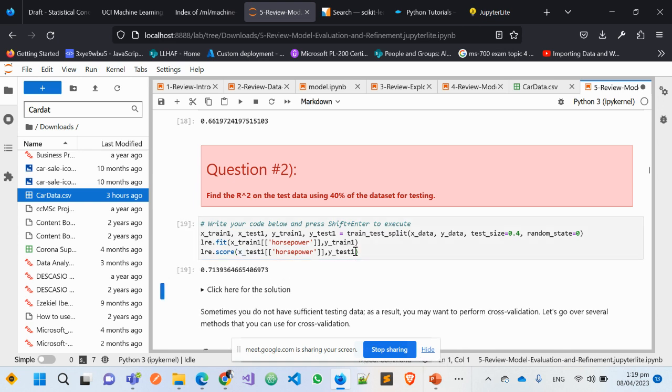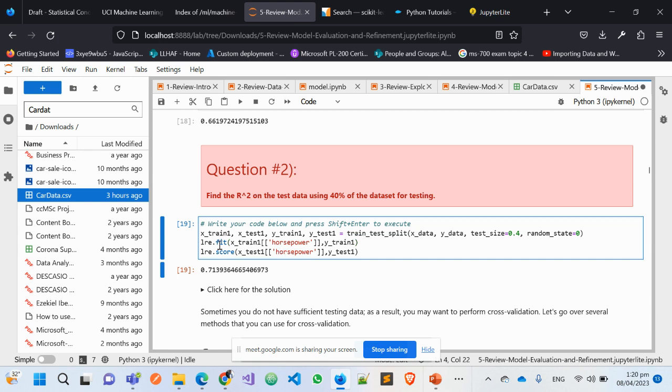Now question two asks us to find the R squared on the test data using 40% of the data set for testing. So you have a subset of analysis to do here. The test size is going to be 0.4 to showcase that.